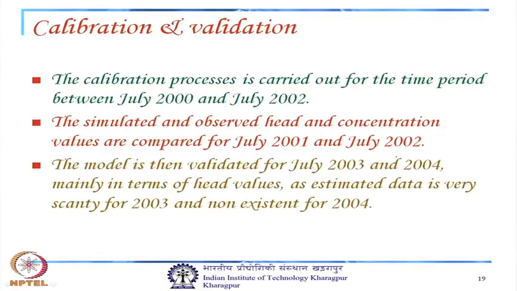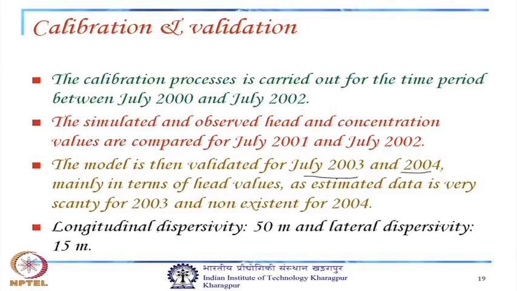The model is then validated for July 2003 and 2004, mainly in terms of head values, as concentration data is very scanty for 2003 and non-existent for 2004. Longitudinal dispersivity is considered as 50 meters and lateral dispersivity 15 meters.